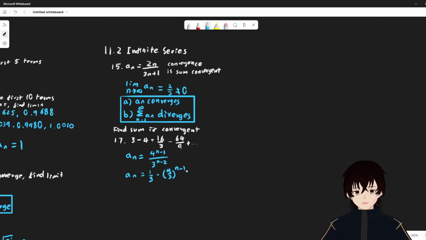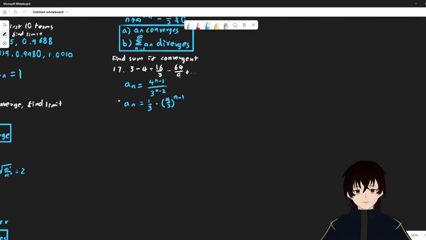We factor out a 1/3. And r is equal to 4/3, which is greater than 1. Therefore, this is divergent.